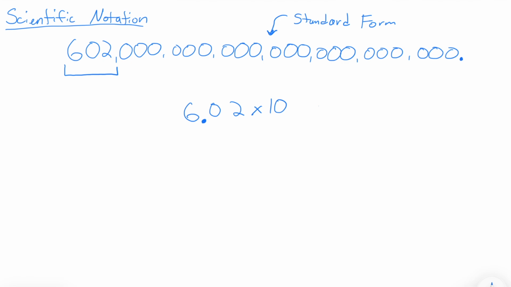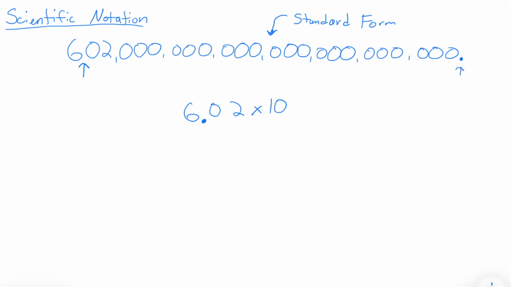And basically, when we multiply by 10 to some exponent, the 10 to whatever exponent is moving our decimal some number of place values away from the spot where it currently is. So let's figure out how far this decimal point is in the original standard form notation for this number, and figure out where it is relative to where we want to get it, right? Which again is right in between the 6 and the first 0 next to the 2 in our 602 hexillion.